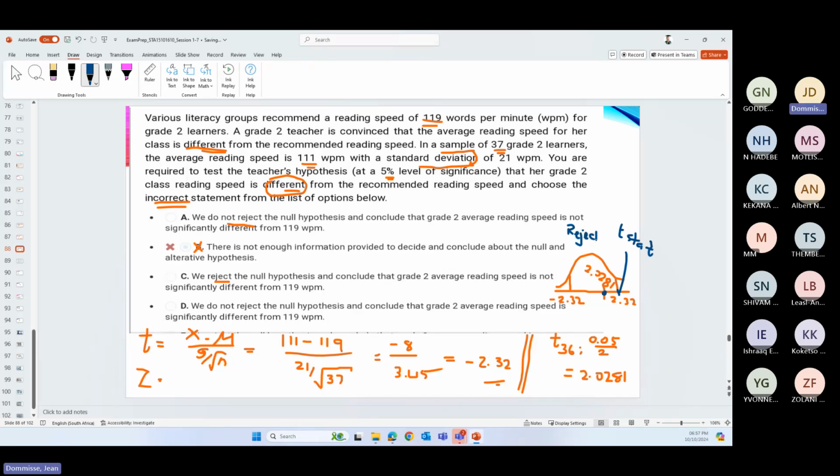Let's just see what your p-value, that's going to be now difficult to get a p-value for the t of minus 3,28.